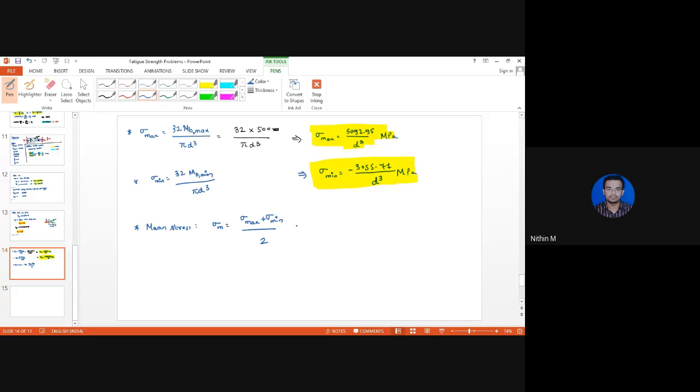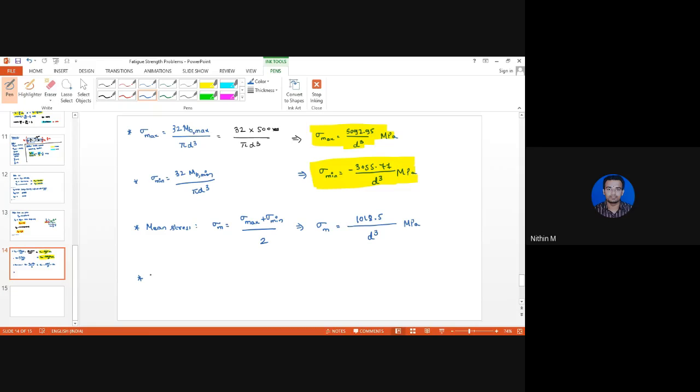Correct? Substitute and tell me the value of mean stress in terms of d cube. 5092.95 minus 3055.77 divided by 2 gives 1018.5 divided by d cube MPa.